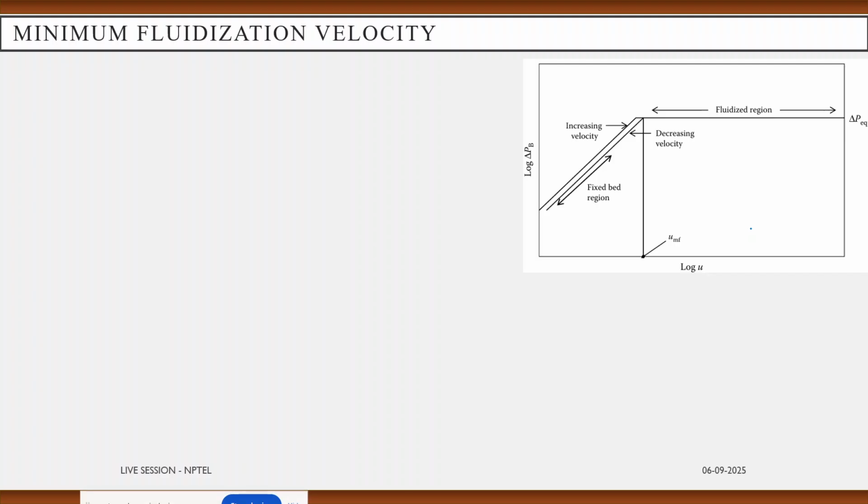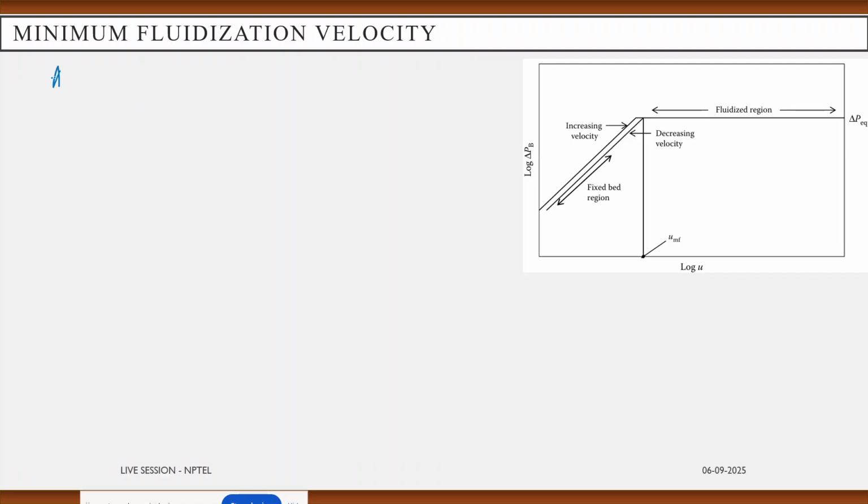So how mathematically are you going to express that one? When the minimum fluidization condition occurs, it will balance the net weight of the bed against the upward force exerted on the bed.